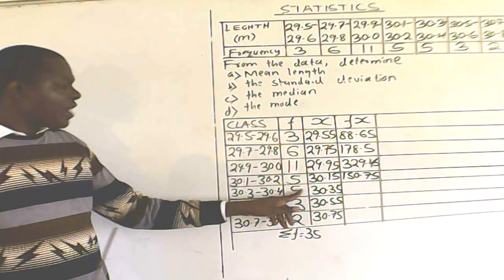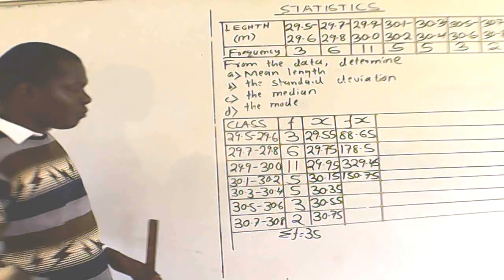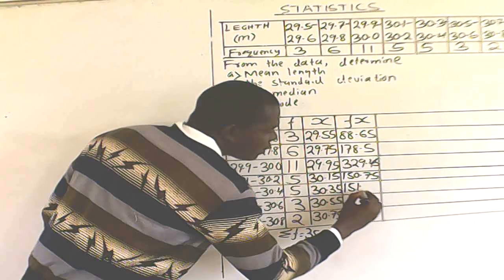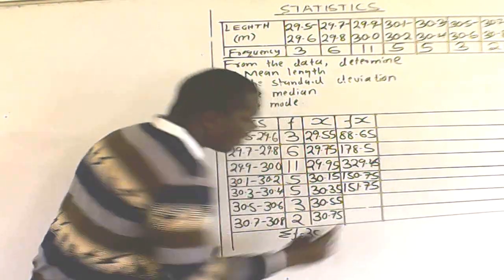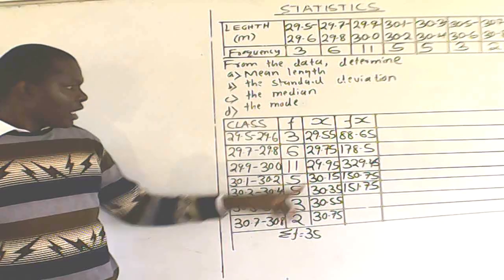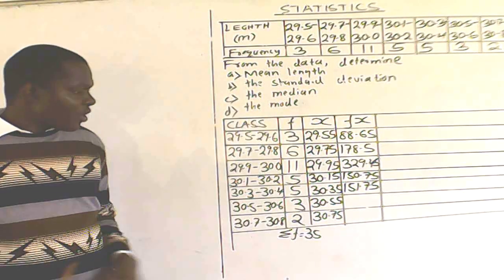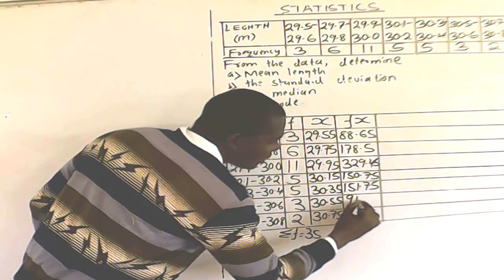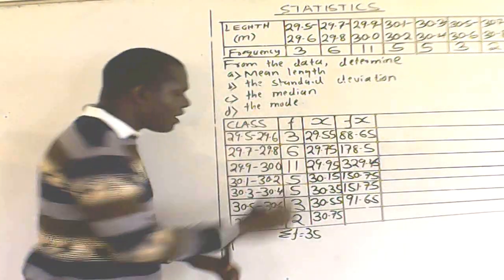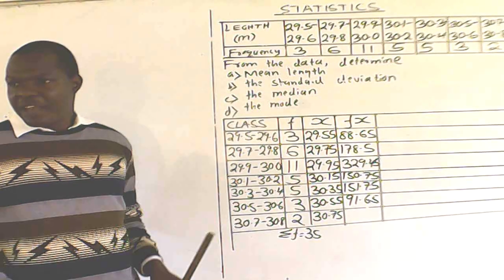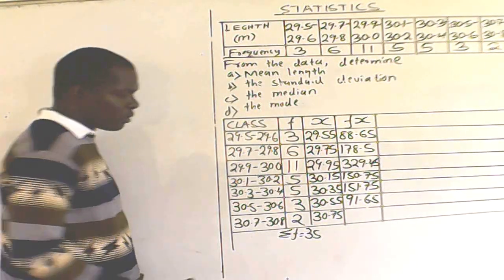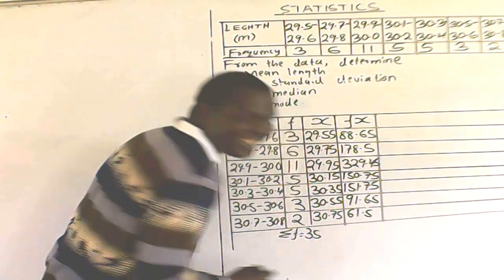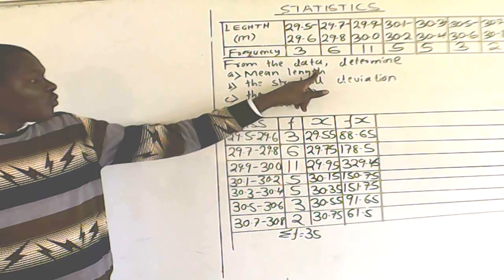Then 5 times 30.35 is 151.75. Then 3 times 30.55 is 91.65. Then 2 times 30.75 is 61.5.